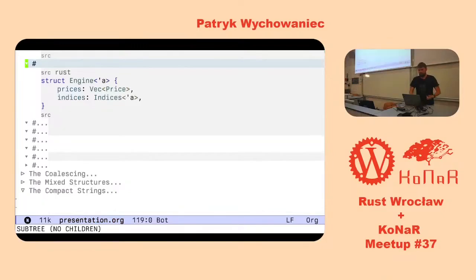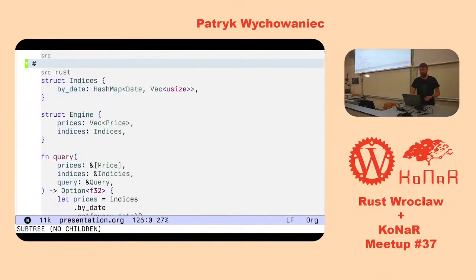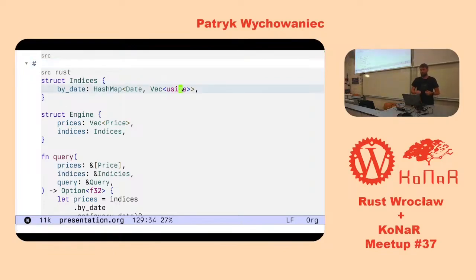And naturally, what you would try to do next is, well, possibly get frustrated, go to Reddit, Stack Overflow, and then you would read that instead of using references, you should just store the indices. So in this place, where we previously tried to keep a pointer or reference to the price, you would store the index into the vector of prices. This is all right. This is doable.